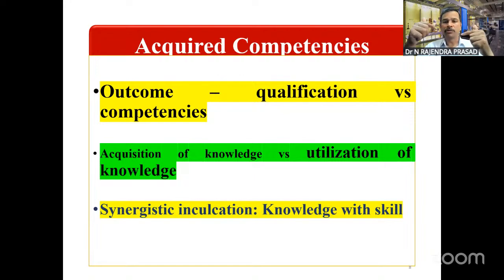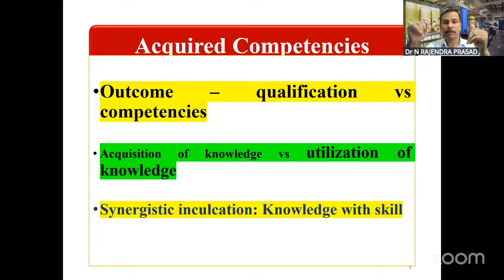If we want to serve the society, the qualification or the degree or the talent or the competency that we have earned during our education tenure should be utilized. The knowledge we have acquired should be utilized, not only for myself, but also for others. That is the sustainable atmosphere. So acquisition of the knowledge is totally different from utilization of the knowledge.